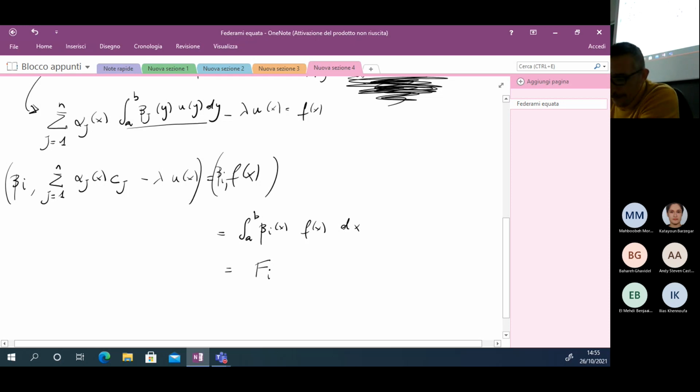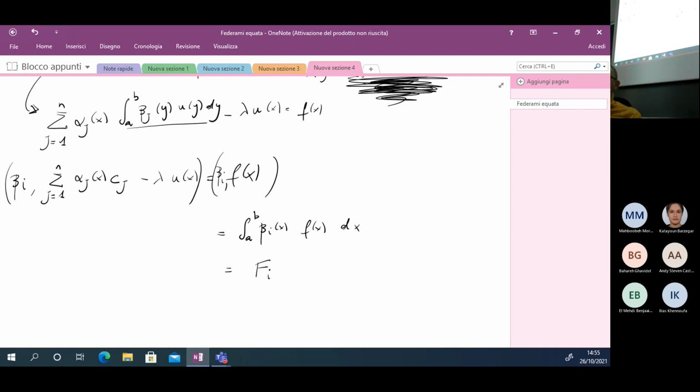Let's see the left hand side. On the left hand side, you should recall the properties of the inner product, which are the same properties of the scalar product. Among them, there is linearity.